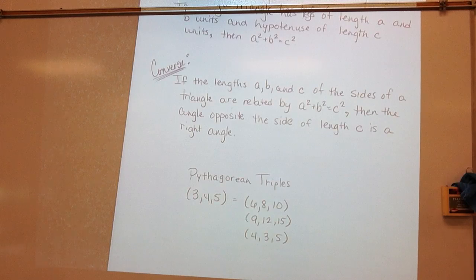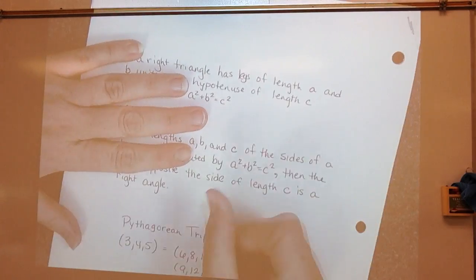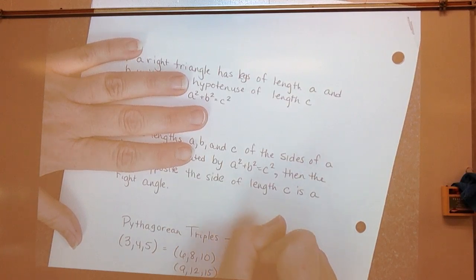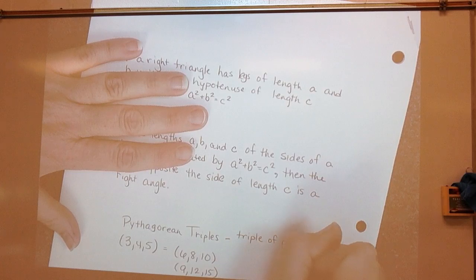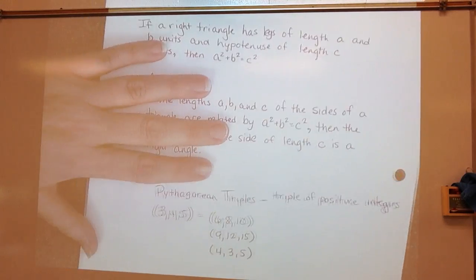A Pythagorean triple is a triple of positive integers such that a squared plus b squared is equal to c squared. So I'm giving you your definition.